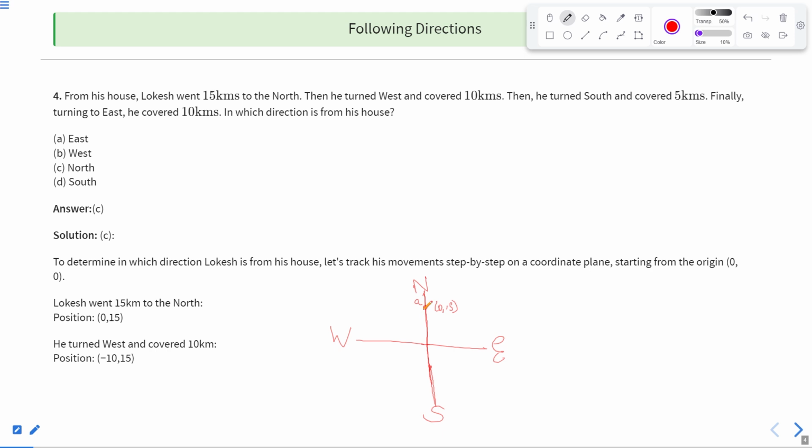Then he goes west. So this is -10,15. ठीक है. Then he goes south. So this is B. This is C. -10,10.